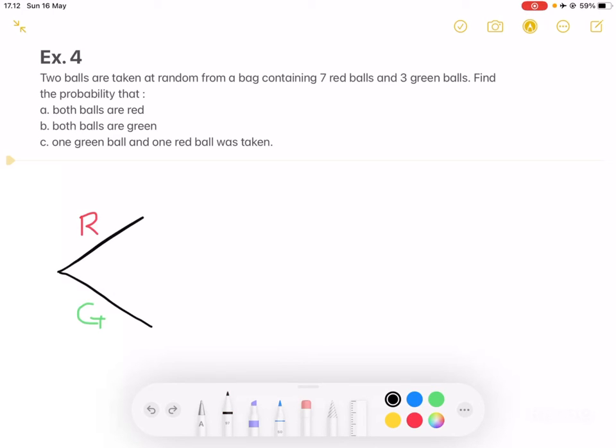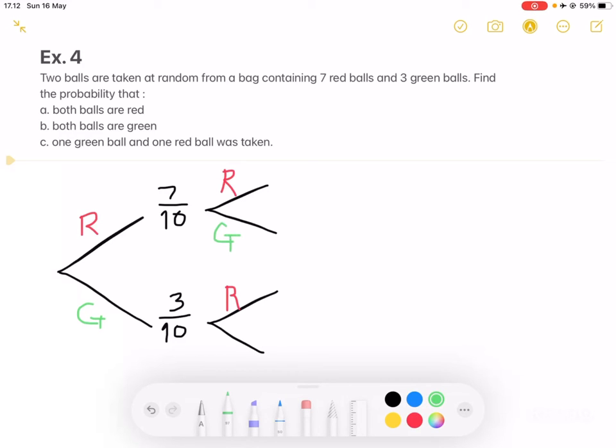The probability that a red ball is taken at the first trial will be 7 out of 10, since there are 7 red balls and 7 plus 3, which is 10 total balls in the bag. Therefore, the probability of taking a green ball will be 3 over 10. We can then draw more branches right here to represent the possibilities for the events for the second trial.